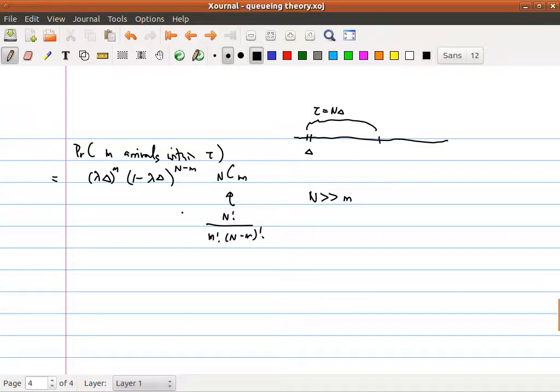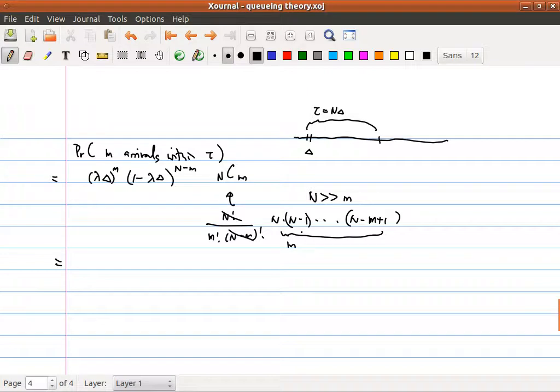Okay, let's compute this expression and make some approximations. In n factorial over n minus m factorial, some of the terms get cancelled. What I get is n times n minus 1 up to n minus m plus 1, so I have m terms here.